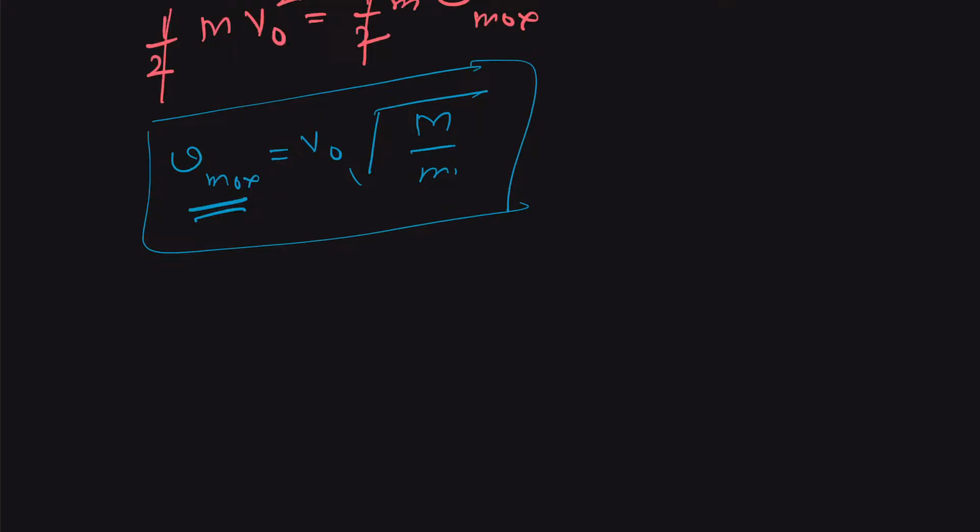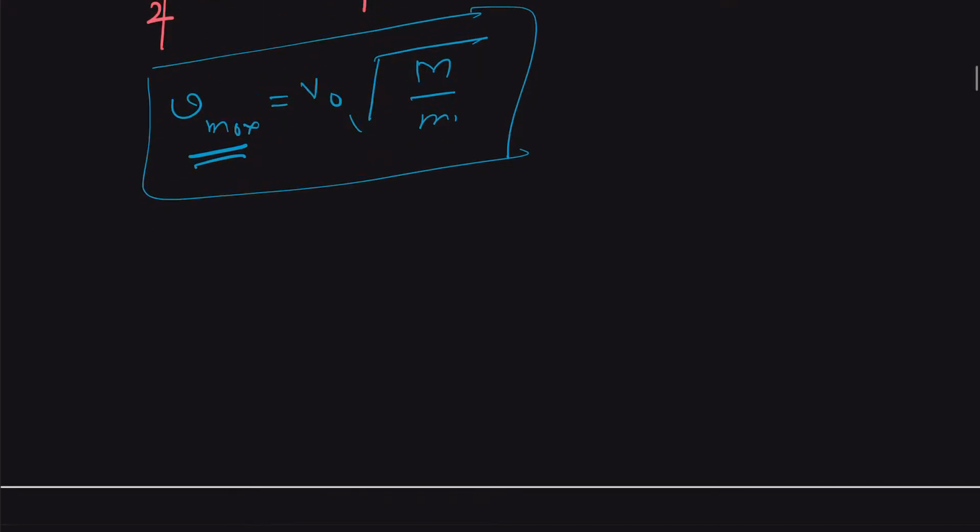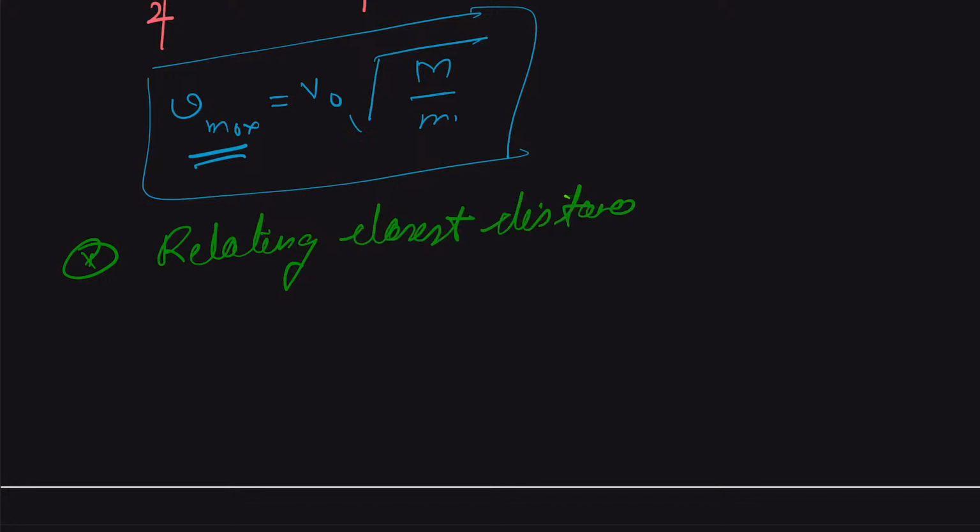So we have to relate the closest distance to velocities, because this is going to help us to find out the d minimum.